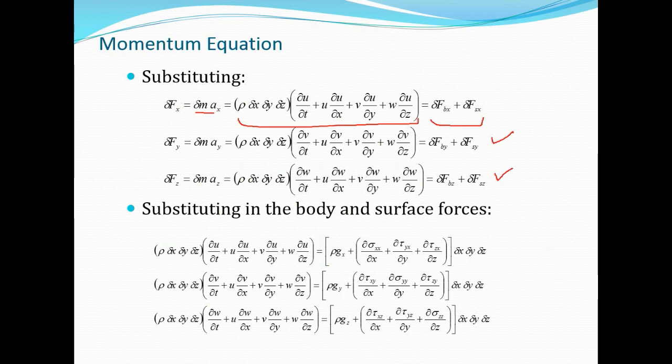If we put in the body forces, and this time you see the gravity here, and the surface forces shown here, we now have this large thing that basically says here's mass times acceleration, difficult to write, is equal to force. And there are several kinds of forces here and here.